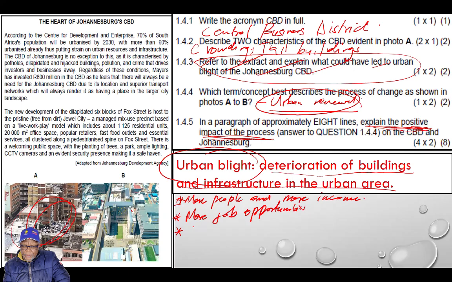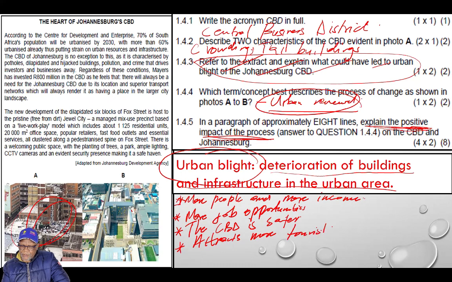You can also look at the social. The area becomes safer. The CBD is safer compared to what it was. You can look at other factors that you will get there. It's going to attract more tourists. Those will be the positive things. There's going to be more investment.